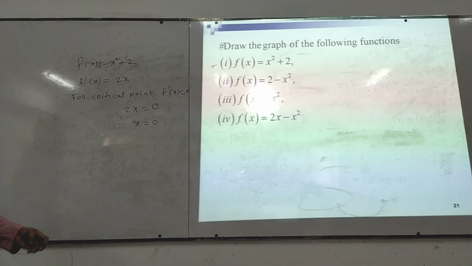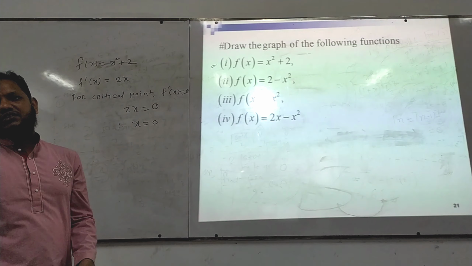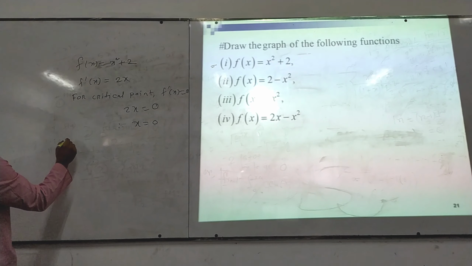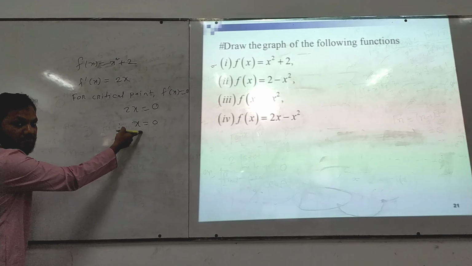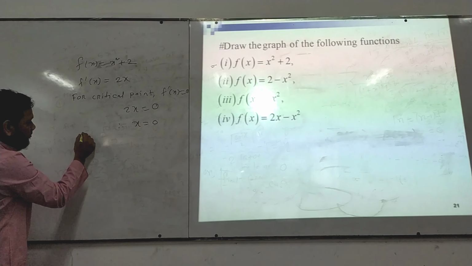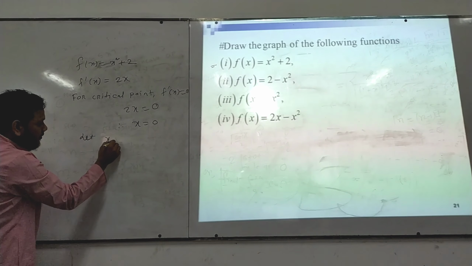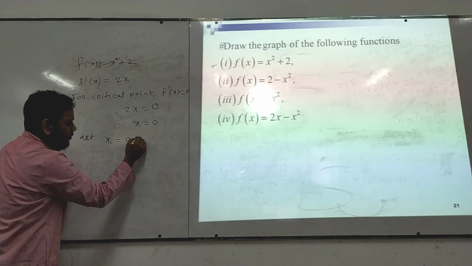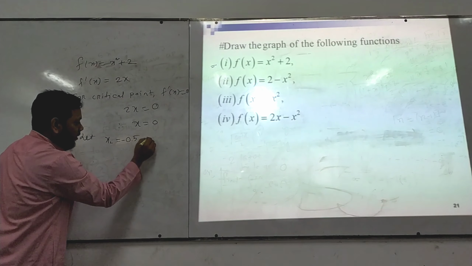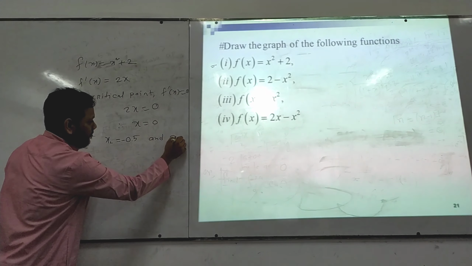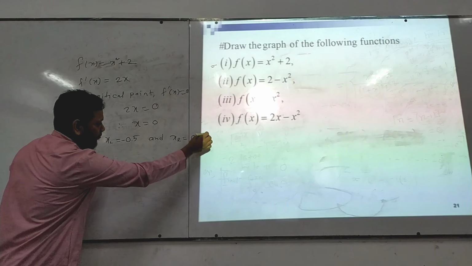So our critical point or stationary point is 0. So now we can consider xl on the left side of 0. What is the left side of 0? Let xl equal to 0 minus 0.5 and xr equal to 0.5.